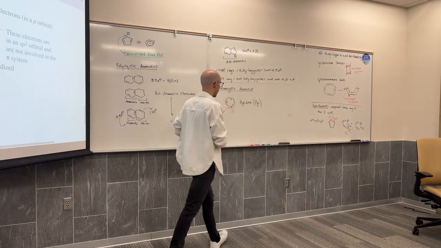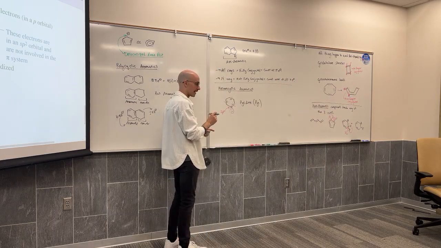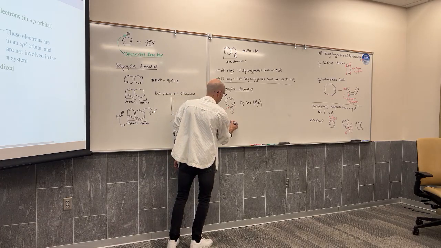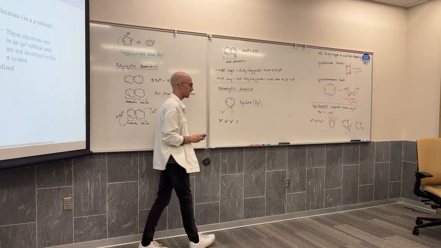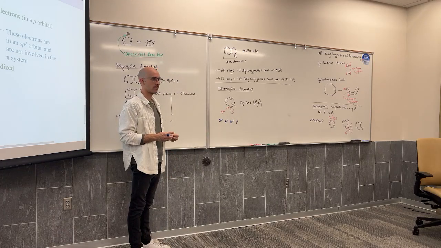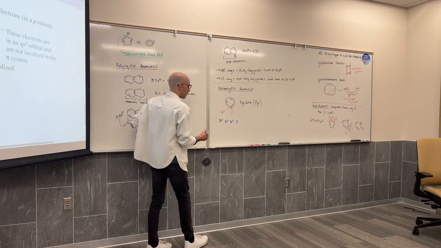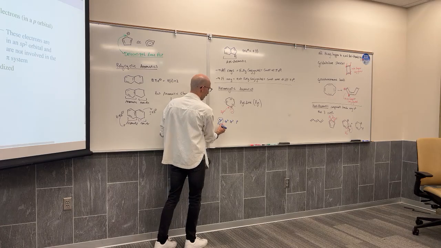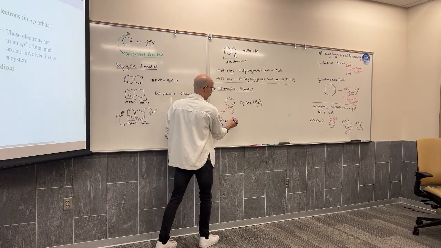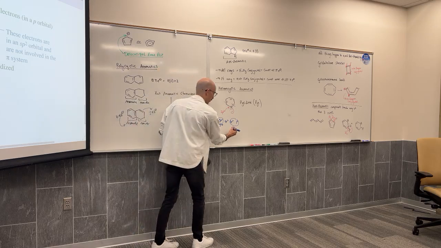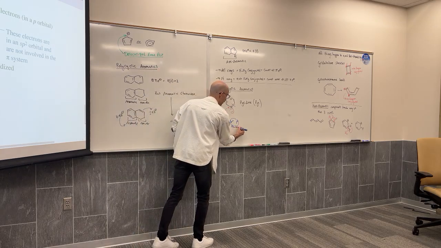We can look at this another way, which is nitrogen has 3 sp2 orbitals and a p orbital. How is it going to use those? One of the sp2 orbitals goes to its single bond on the left. One of its sp2 orbitals and its p orbital goes to the double bond on the right.